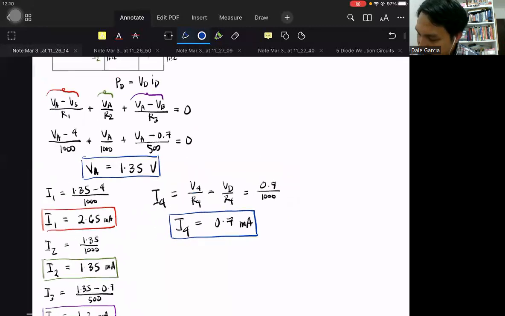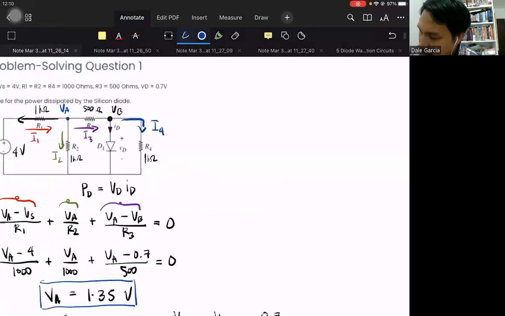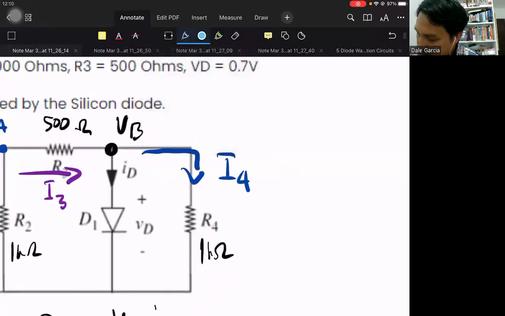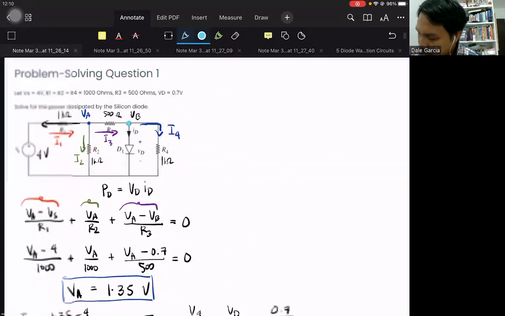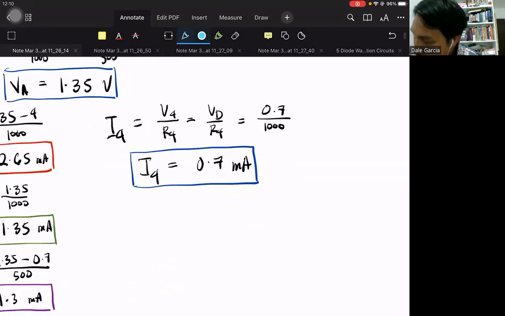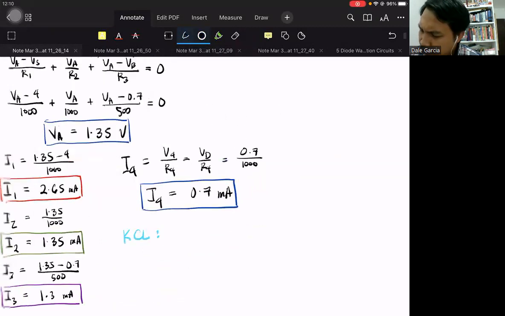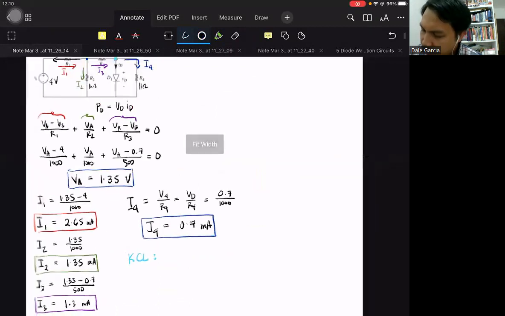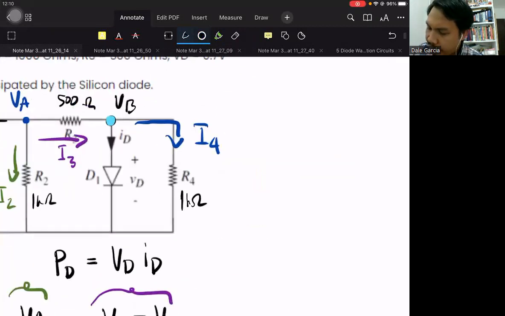So if KCL ta here, no? That junction, KCL ta diha, that would be tanan pasulod is si I3 lang, pagawas si ID o si I4.